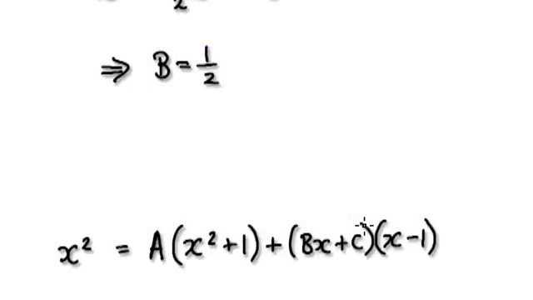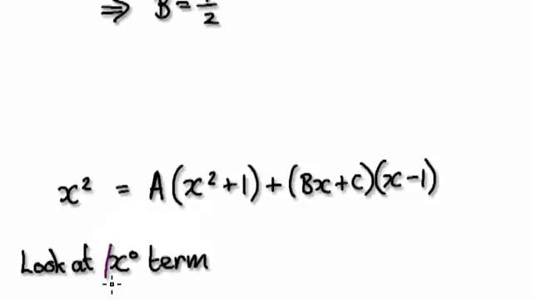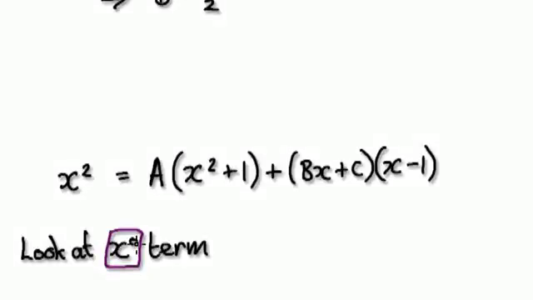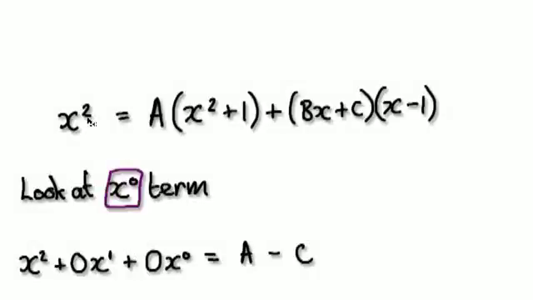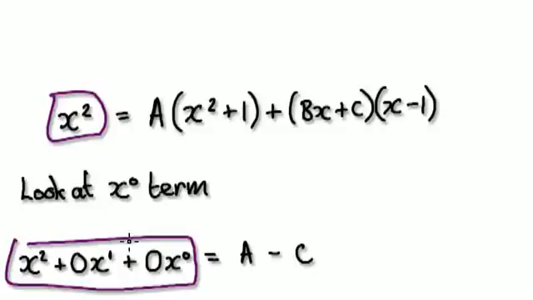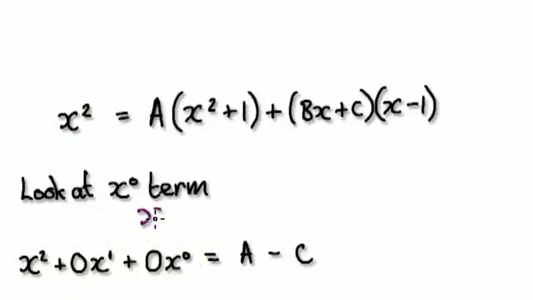To find c, a similar trick, but this time we are going to look at it in terms of the constant. You can imagine this thing here as this. We could look at it in terms of x to the power of 1, if you like, or just in terms of x, but choose the easiest thing.